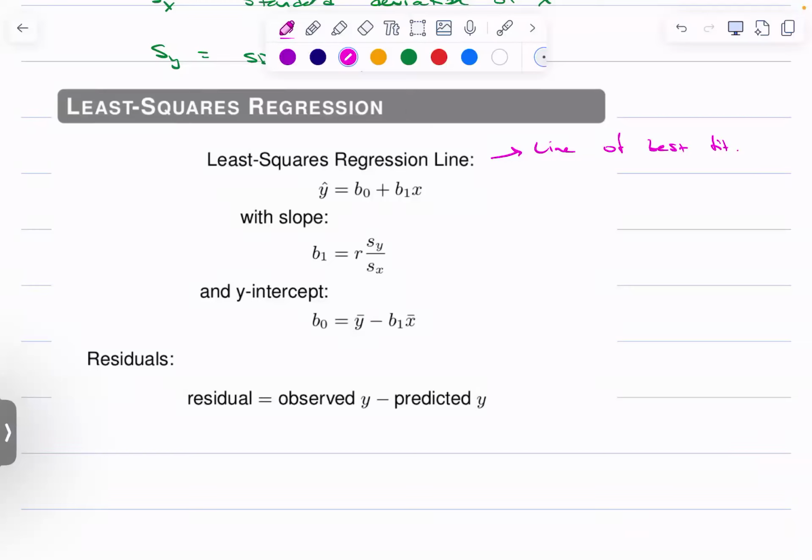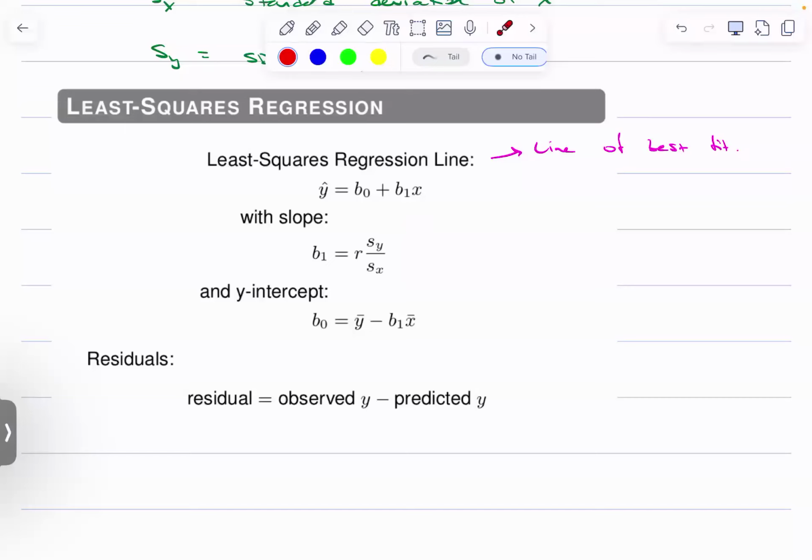And so a line has the form y equals mx plus b, right? And so we use b1 for the slope. And so the slope is b1 because it's attached to the x, and b0 is the y-intercept. And so I've got them both listed here, right? But ultimately what we're trying to do is build this regression line.